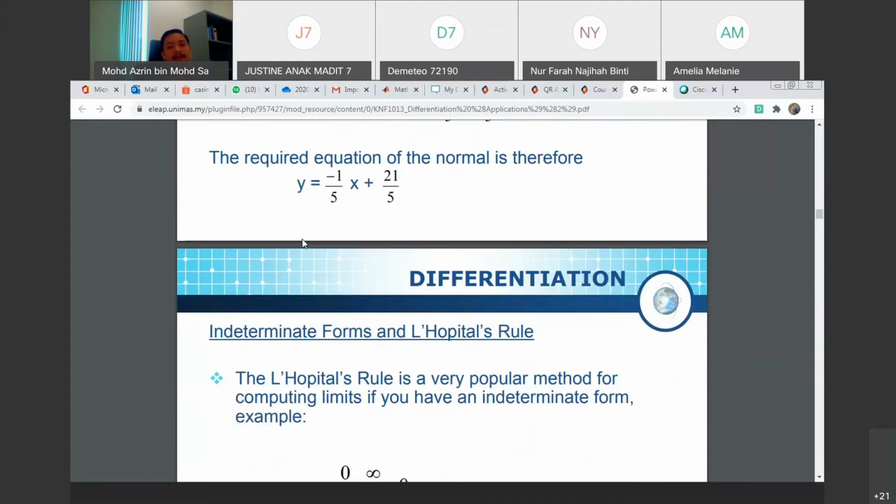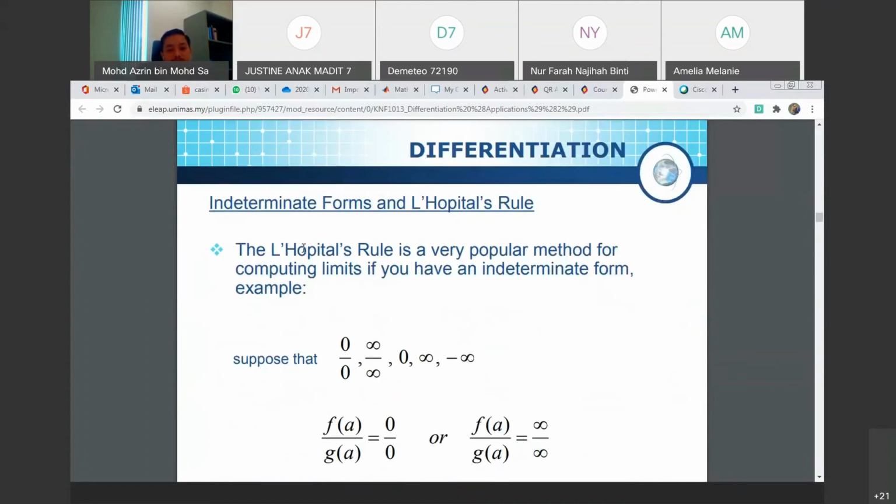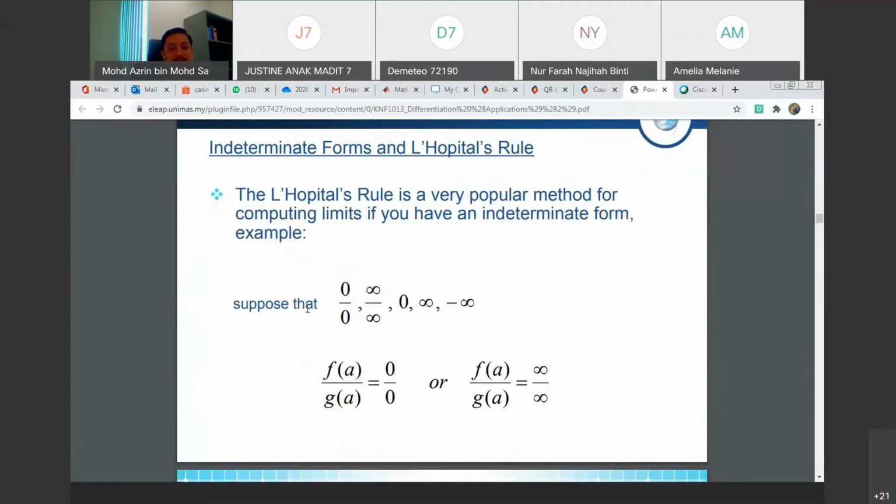Okay. Next, indeterminate form and also L'Hopital's rule. So the L'Hopital's rule is a very good method for computing limits if you have an indeterminate form, for example, 0 over 0 and infinity over infinity, 0 times infinity, negative infinity.